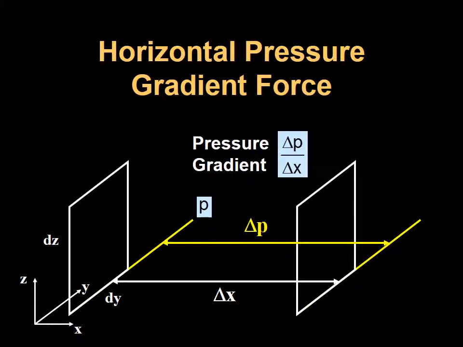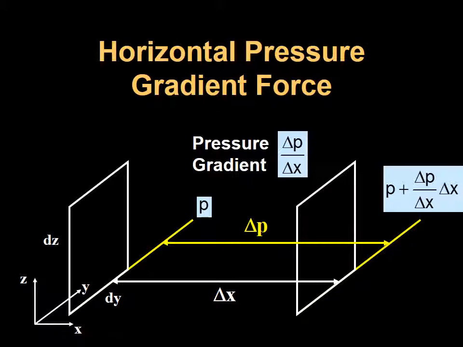Now, as you move in the x direction, pressure is going to change. You're going to have a change in pressure, delta P, as you move towards the east. So our pressure gradient is the change in pressure, delta P, over that distance, delta x. If you want to figure out what the pressure will be at some distance, delta x, towards the east, then you take your pressure gradient, delta P delta x, multiply it by how far you moved in the x direction, that would be delta x, and then add that to the pressure where you started from.